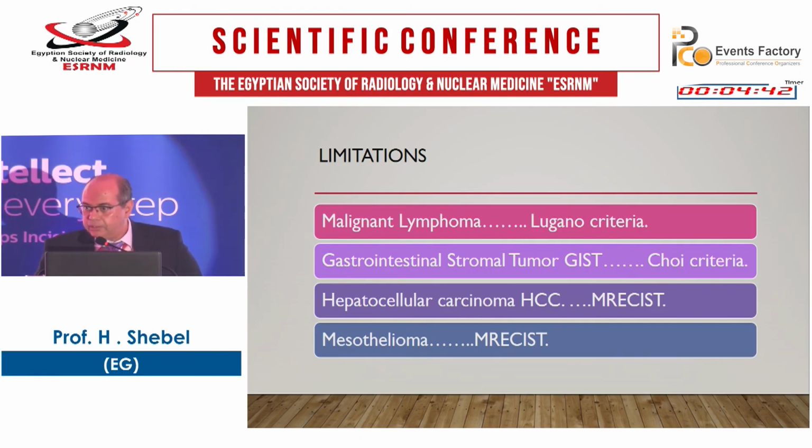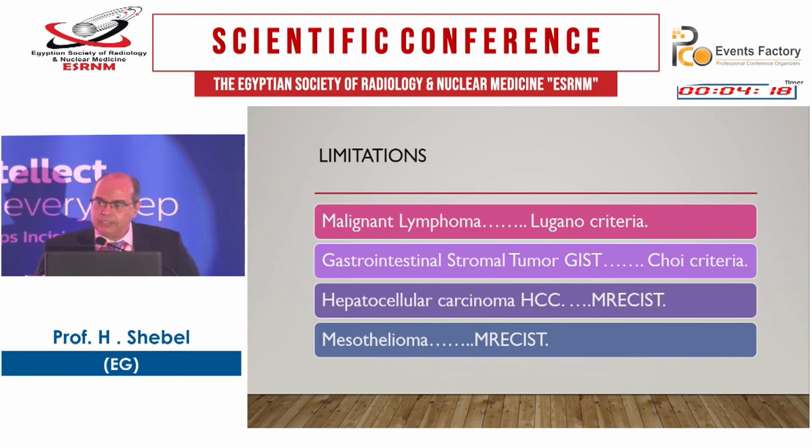These are the standard RECIST criteria, and in the last maybe 5 to 7 years, there have been many debates about the RECIST criteria, and they found that it needs to be modified. Usually a new criteria has already been established for specific tumors.